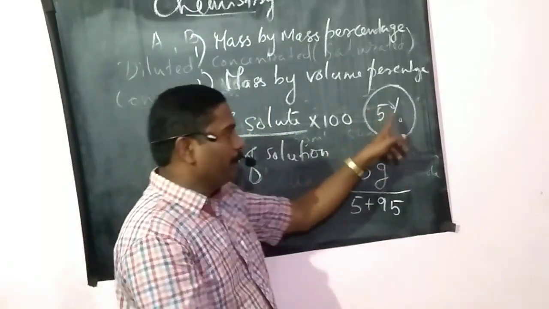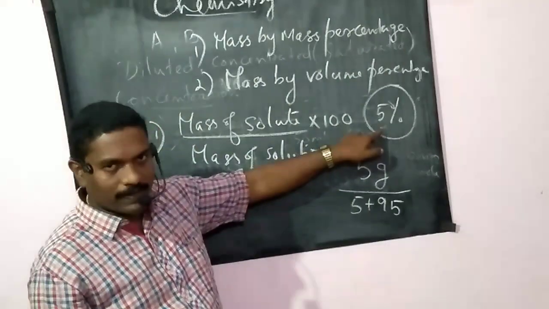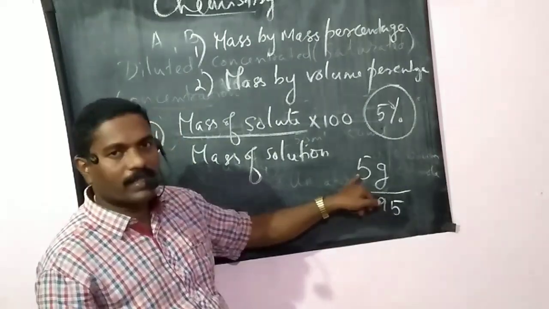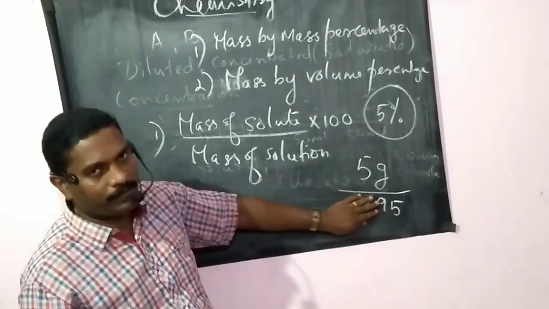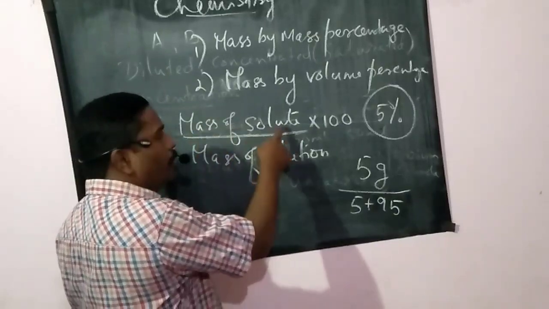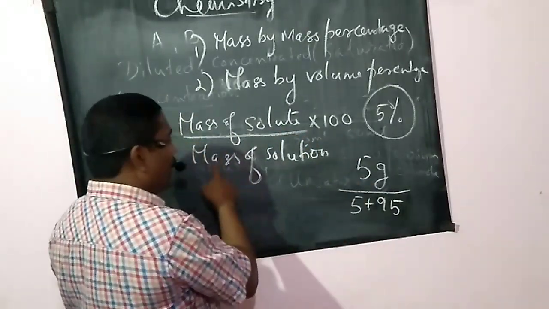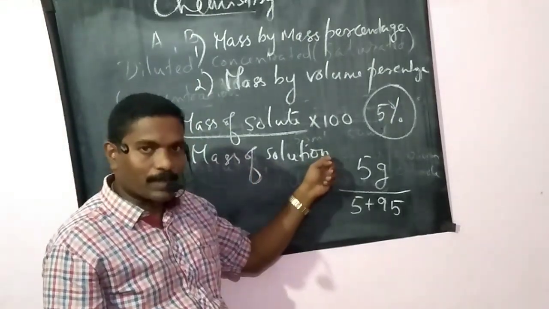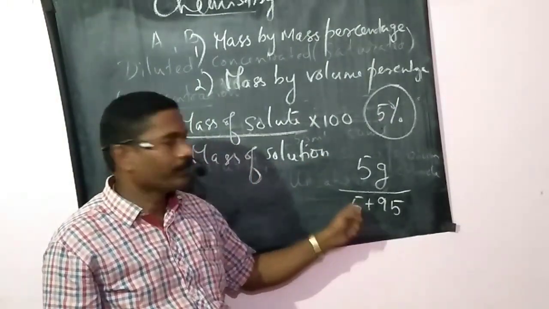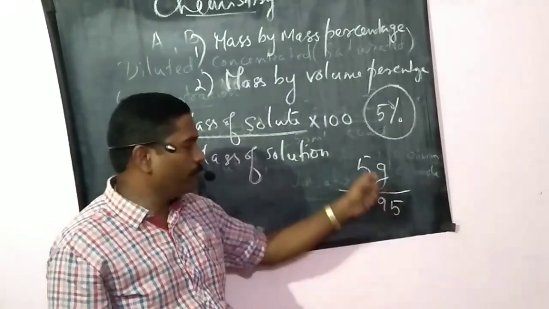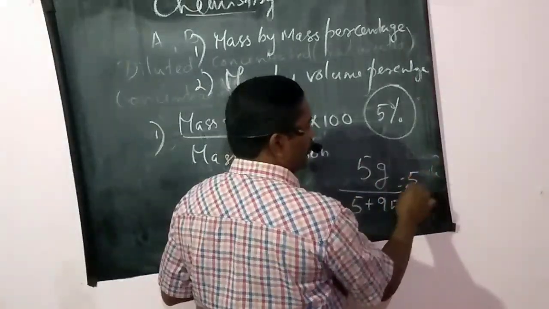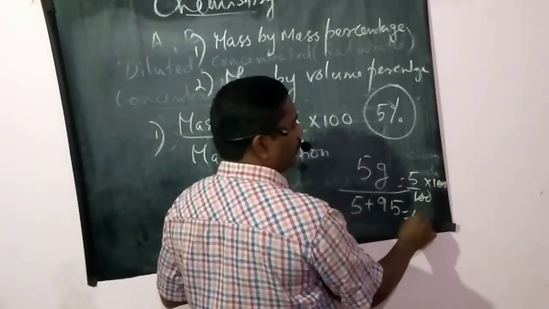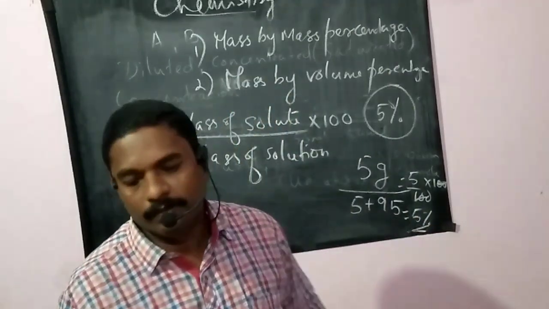It is prepared by dissolving 5 gram of salt in 95 gram of water. So the mass of solute is 5 gram, and the mass of solution, as we know, is solute plus solvent, 5 plus 95, which is 100. So 5 by 100 into 100, and the answer becomes 5%.